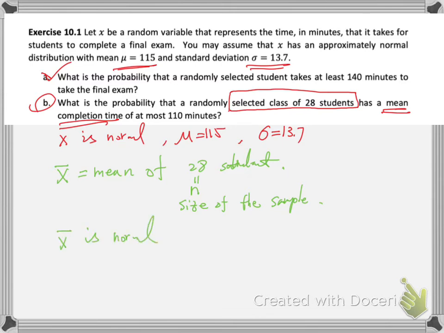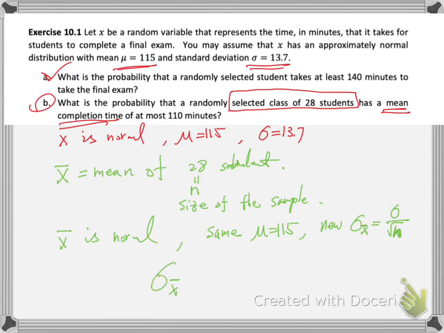X bar is also a normal distribution, okay? And then you have the same mu, 115, but a new sigma. So sigma X bar is sigma divided by radical n, right? Now let's calculate sigma X bar.